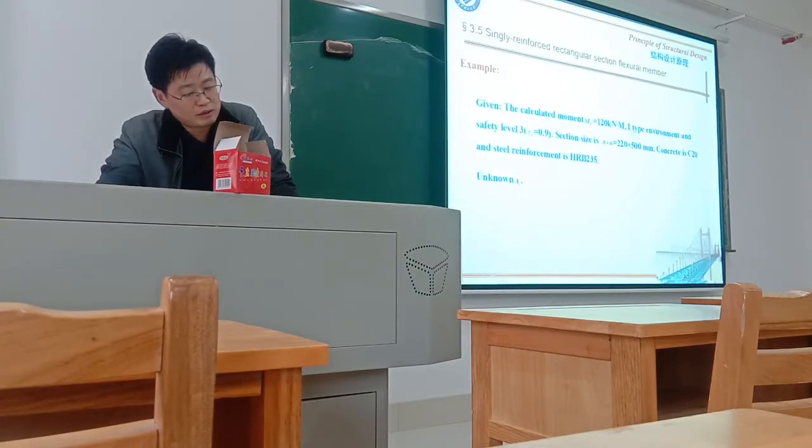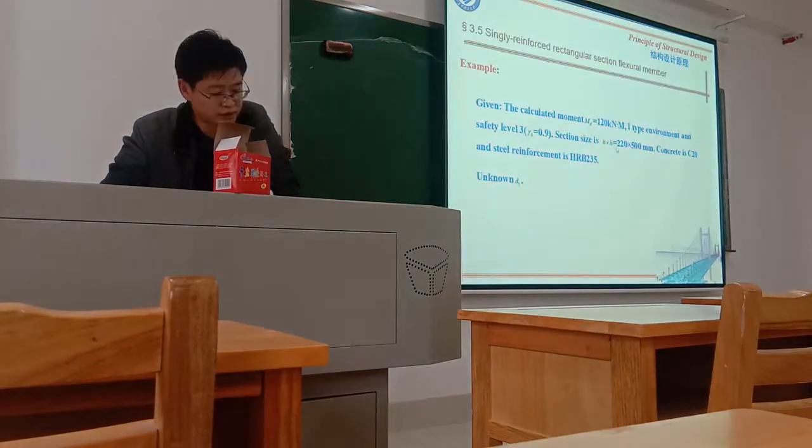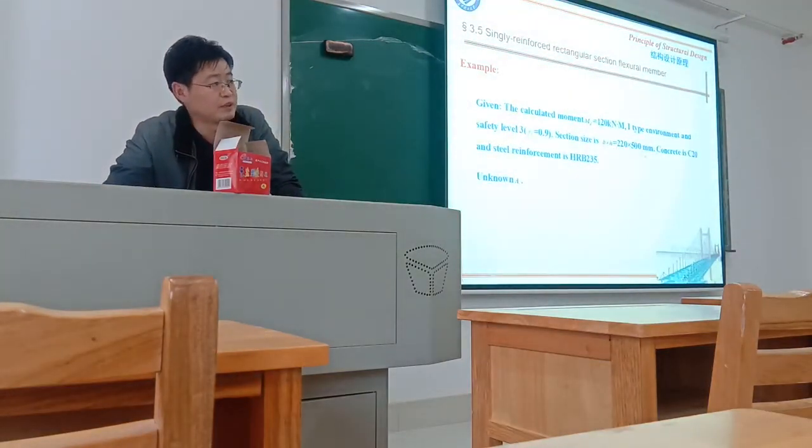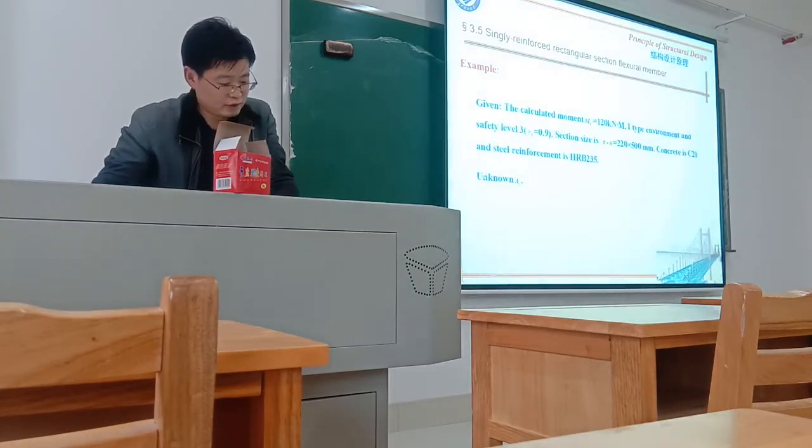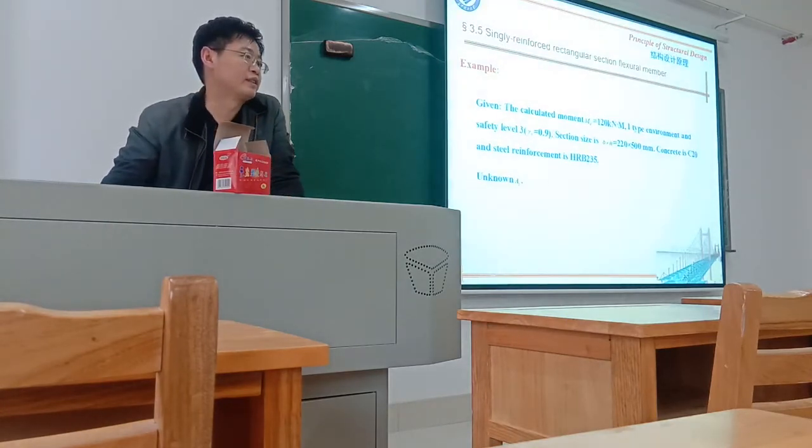The environment condition is type 1, and the safety level gamma 0 is, actually, safety level is 3. The dimension of the section concrete is 20. And the steel reinforcement here is 235. Ask you to calculate AS.